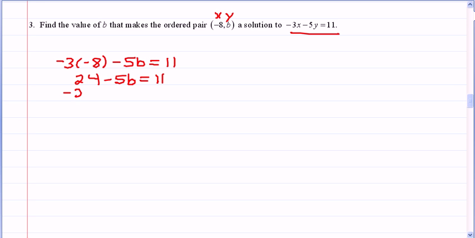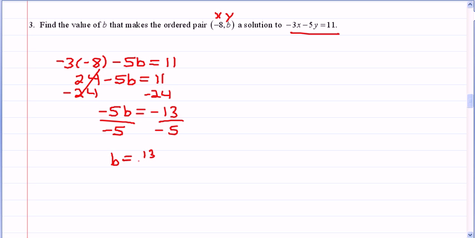To solve for b, I start by subtracting 24 from both sides. The 24's cancel, and I'm left with negative 5b equals negative 13. So after I divide by negative 5, I get a final answer of b equals positive 13 over 5. The negatives cancel.